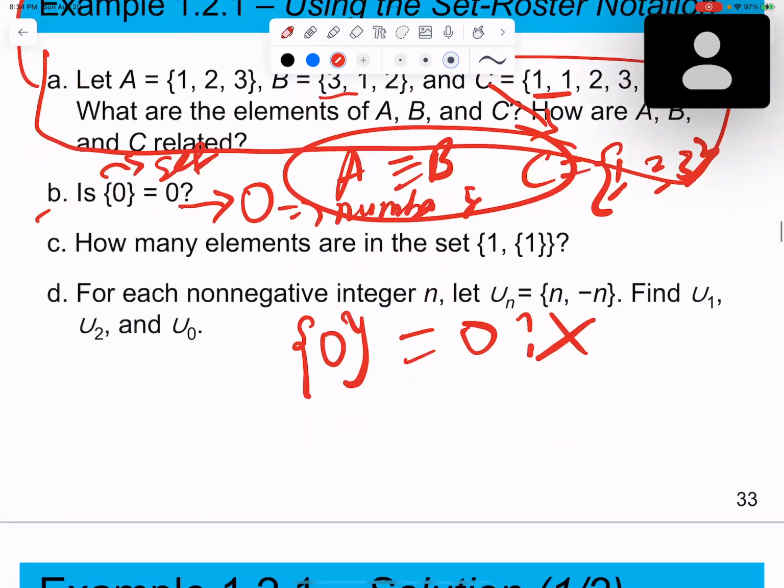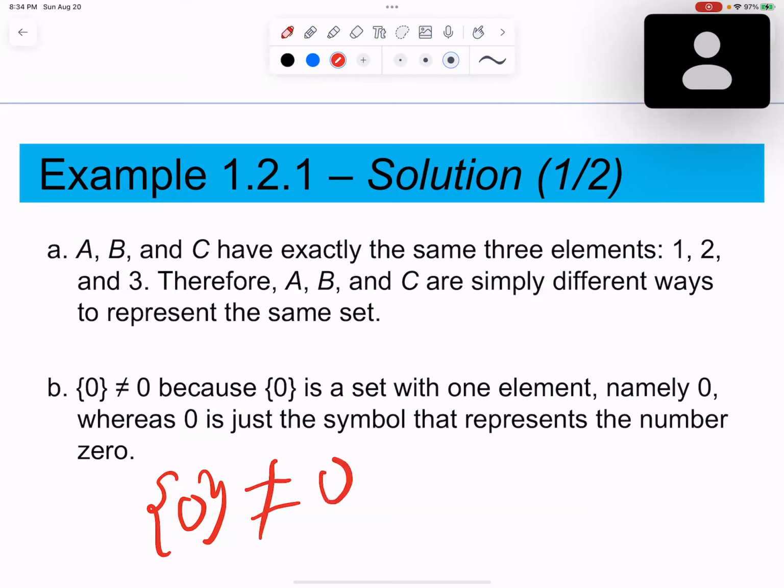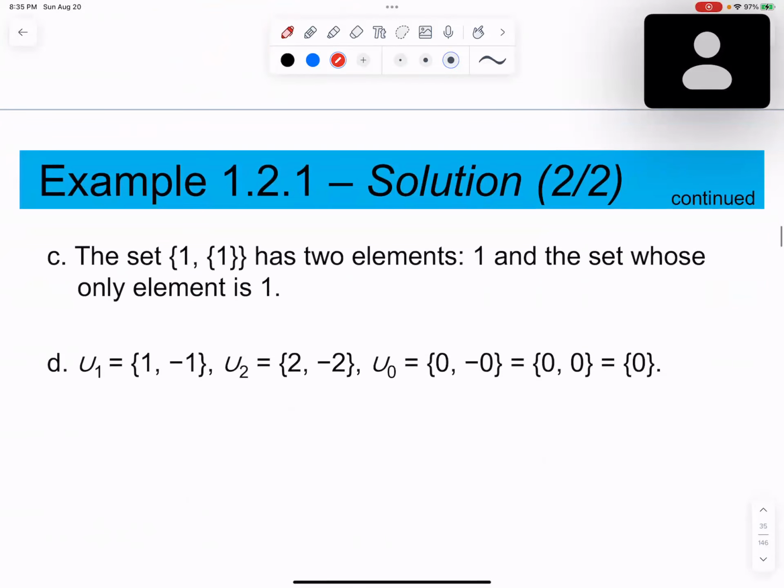Now for this B part, like I said, this one right here means a set containing the number 0. It is not the same thing as 0, which is what? A number. All right. Okay. So, and the set here, look at that set.